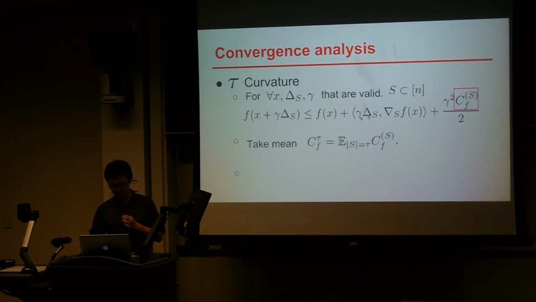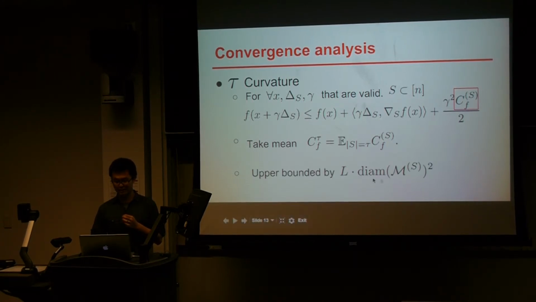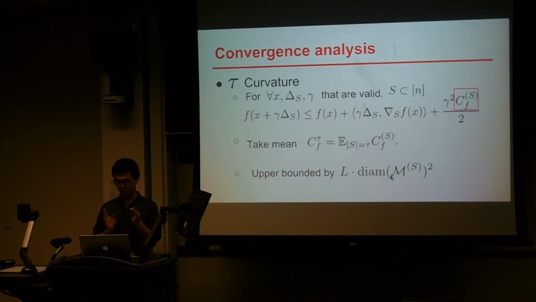Our definition of C_f^tau is the expectation of C_f^S if we choose this subset S randomly as a subset of 1 to n. It can be shown that this is upper bounded by the Lipschitz constant corresponding to this coordinate block times the diameter squared of the space we are optimizing over, projected only on the coordinate.